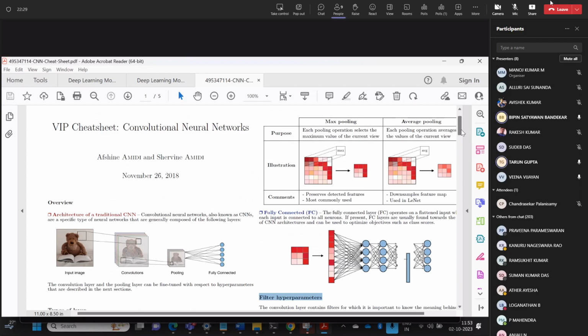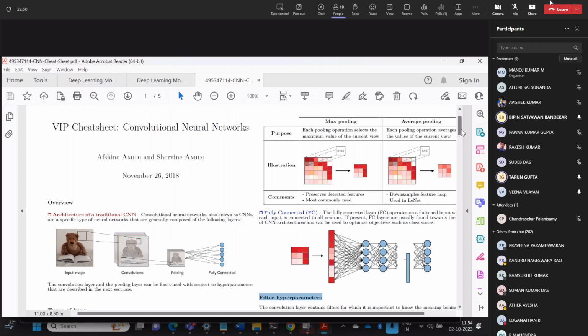Intuitively, in actual practice you can't even see those intermediate images. So just look at it as mathematical filters.